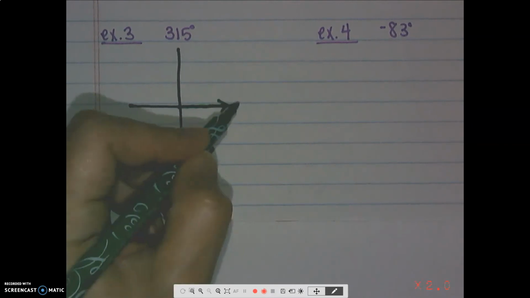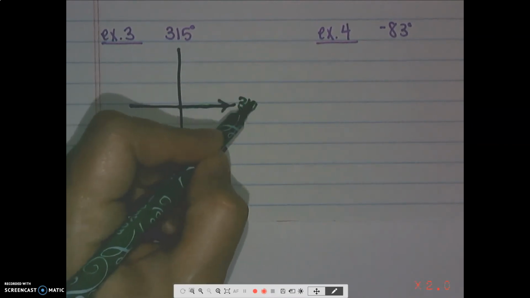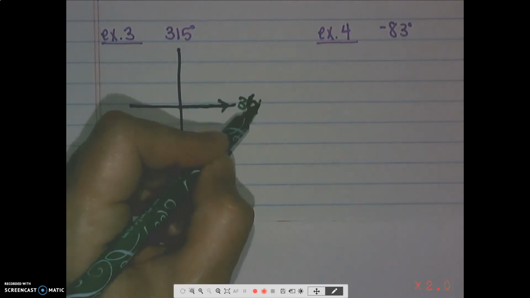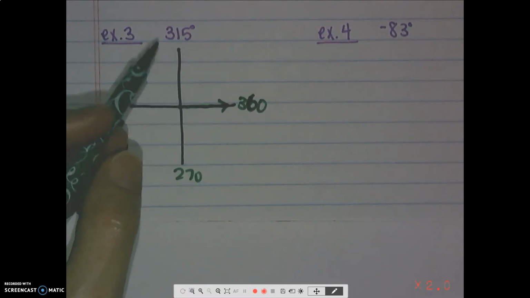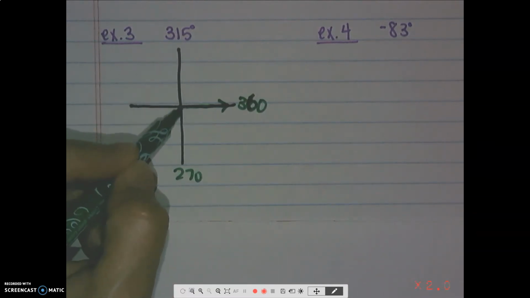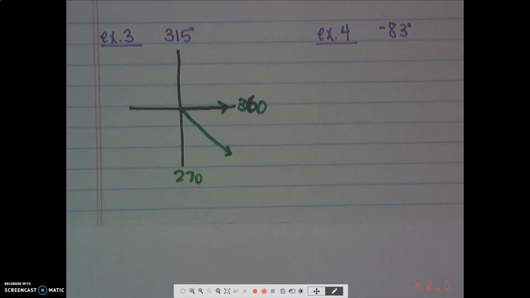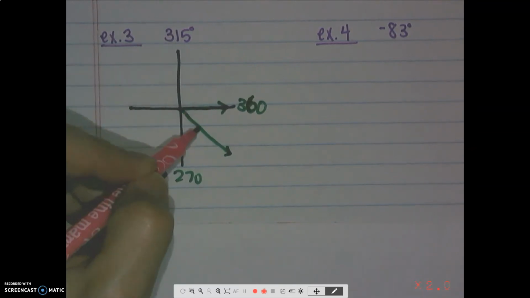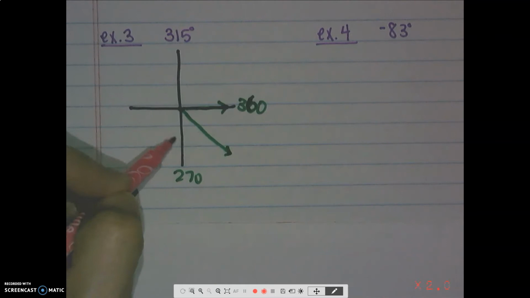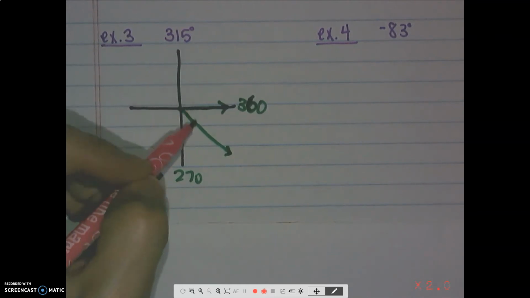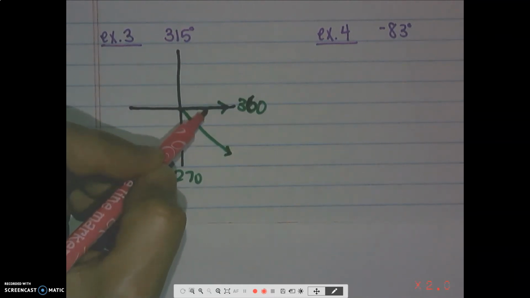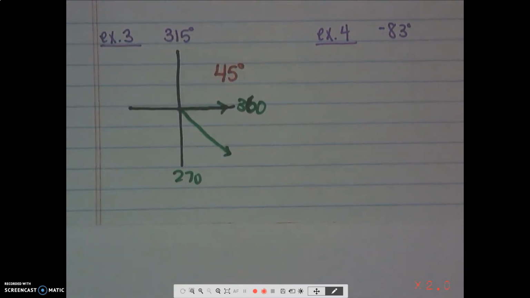Again, we're between 270 and 360. So 315 degrees is halfway in between those. So we're right here. And so then how many more degrees would it take us to get from that 315 to 360? Because going this direction, that's an obtuse angle. We don't want that. So going this direction, if we're at 315 to get to 360, we need 45 degrees more. So that is our reference angle.